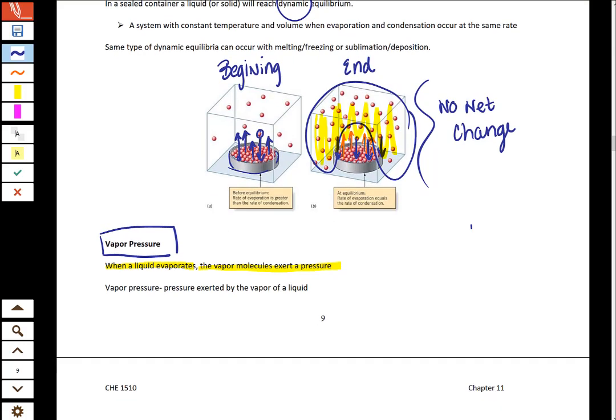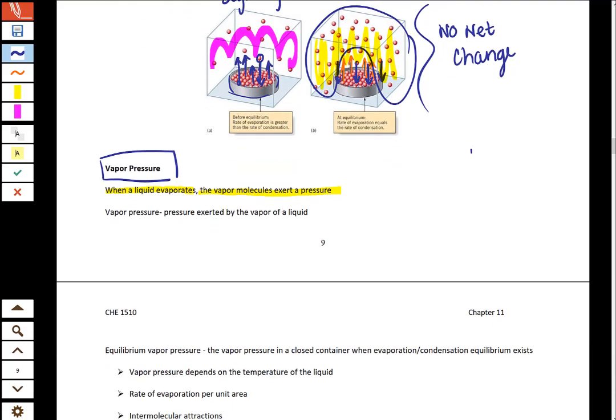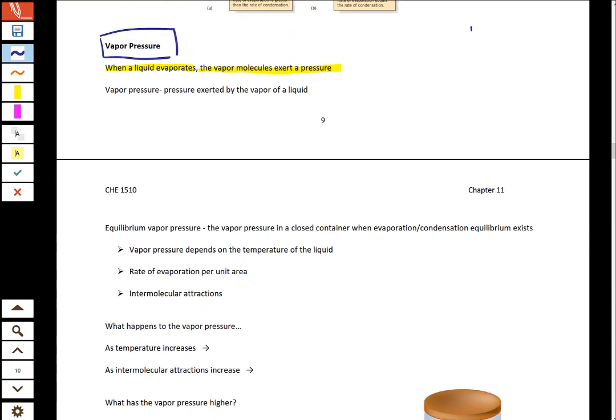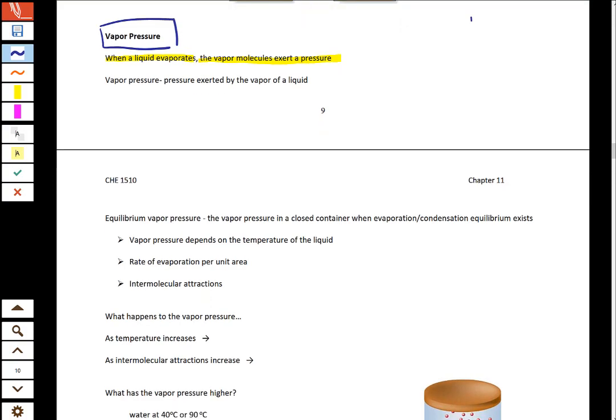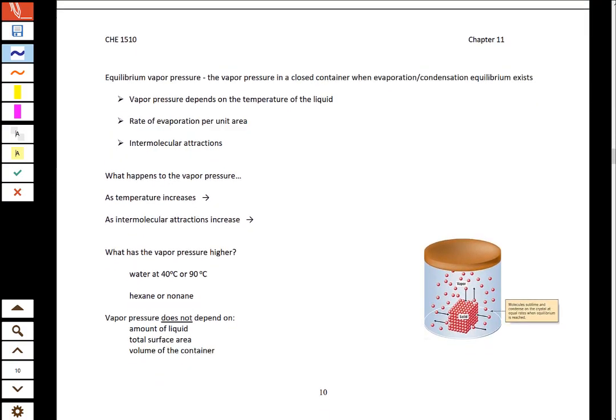I need my humidifier on because it looks more like this situation, where there's less vapor molecules in the air. And so we need that water vapor in the air to make us feel comfortable. And so this vapor pressure is something that is absolutely measurable.